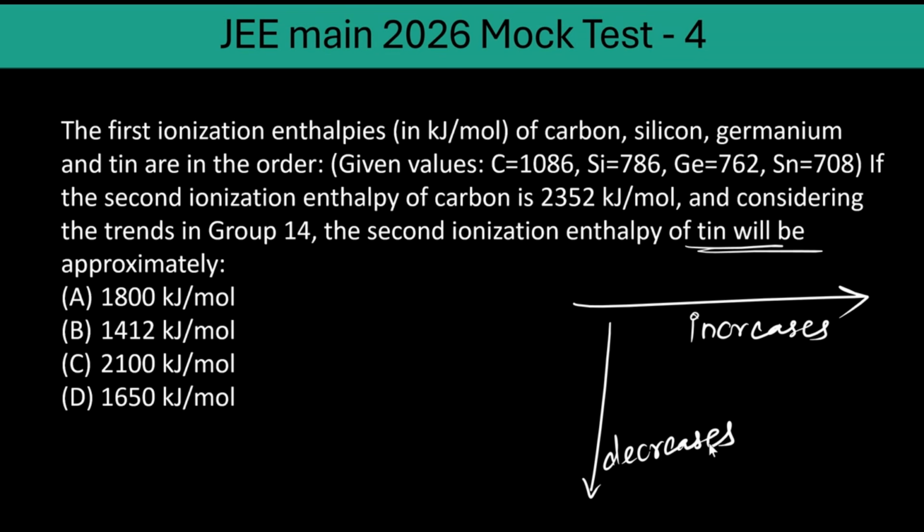So these are carbon, silicon, germanium, tin, all are from carbon group, in carbon family. As you can see, the ionization energies are decreasing, and second ionization enthalpy of carbon, that is 2352.